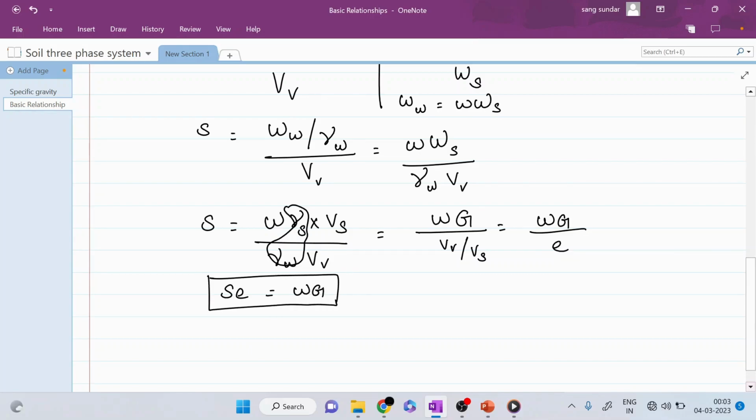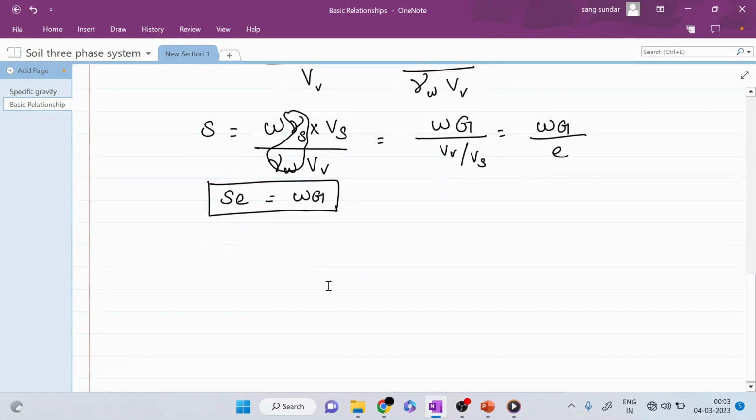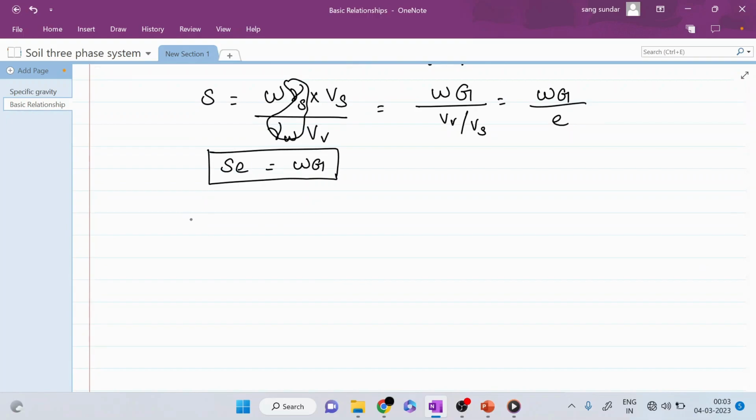This is one of the famous relationships we often use in soil mechanics. And then, let us learn the relationship between percentage of air voids and air content AC. We know that percentage of air voids is nothing but volume of air in the total volume of soil. Right?